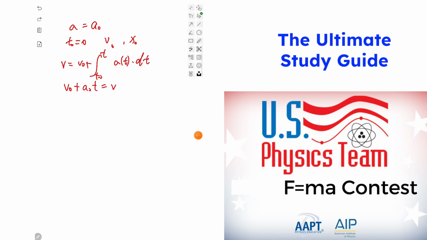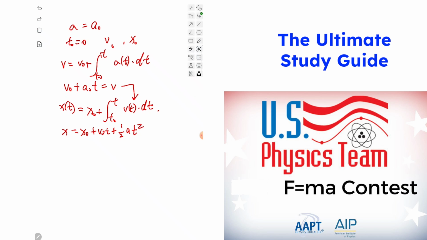Then we refer to the previous equation that x(t) equals x0 plus the integral from t0 to t of v(t) dt. We substitute this v here so that we get x equals x0 plus v0t plus 1/2 at squared.